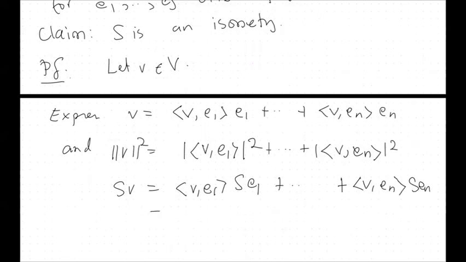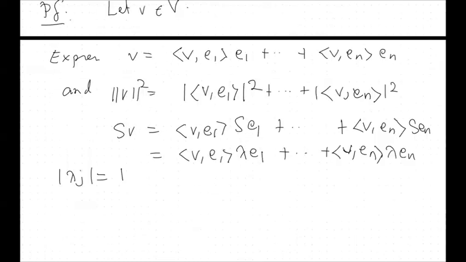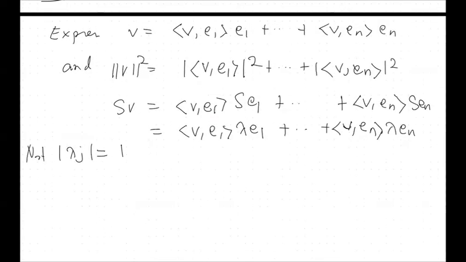And this is just equal to the inner product of V and E1 times lambda 1 E1, up to the inner product of V and En times lambda n En. And then recall lambda sub j has magnitude 1, then that is true.